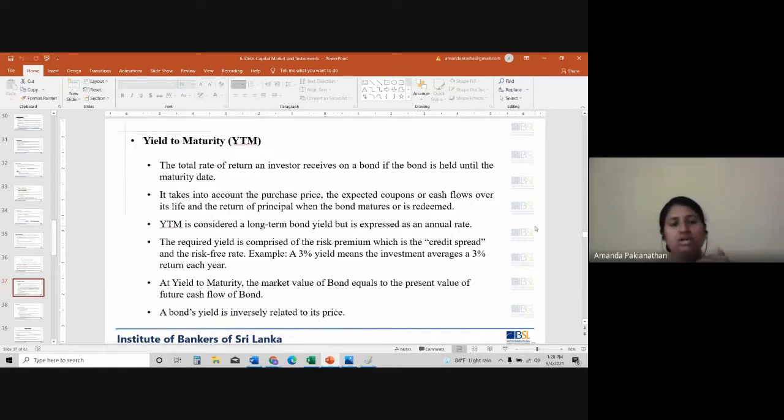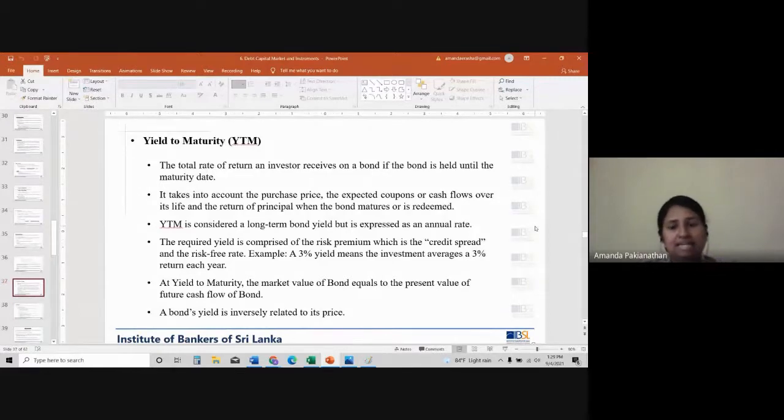If we are going to talk about return or yield until maturity, then we will have to include all cash flows coming from a bond. Think about current yield: we were looking at just the coupon payment for the next 12 months. That was the simple concept.